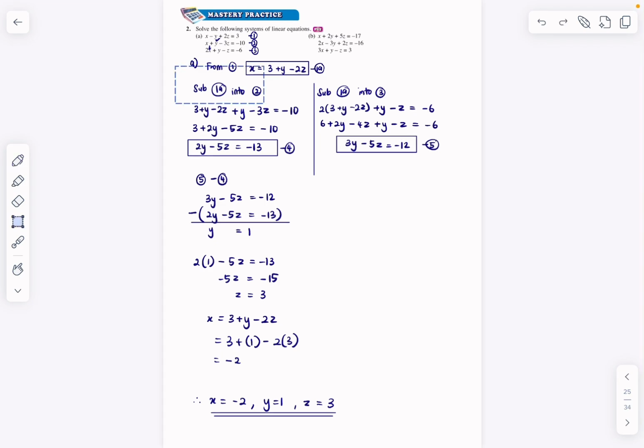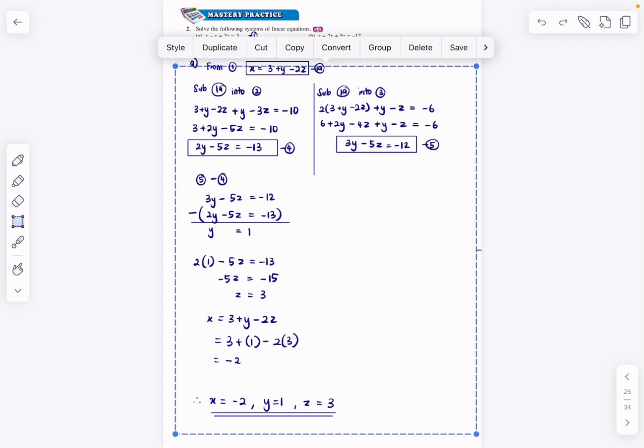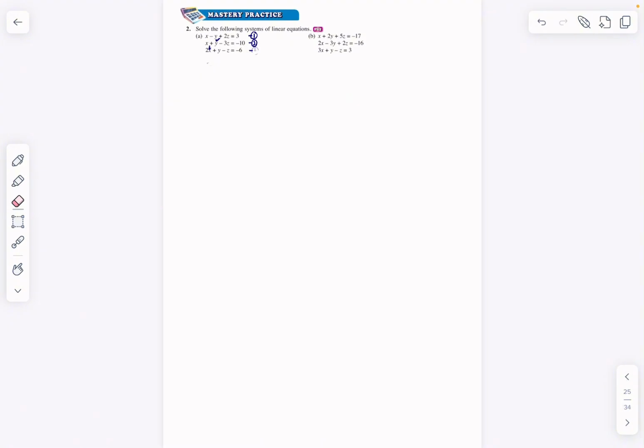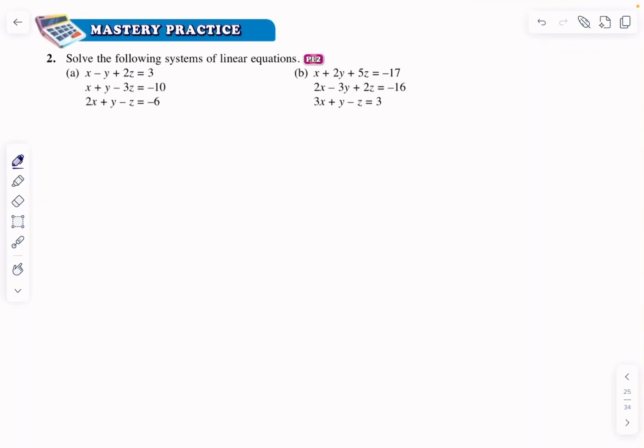Right, let's look at question 2, question B, I mean. So B. Here also the same thing. We put equation 1, 2 and equation 3. So from equation 1, we can try to make x the subject since it's a single x.